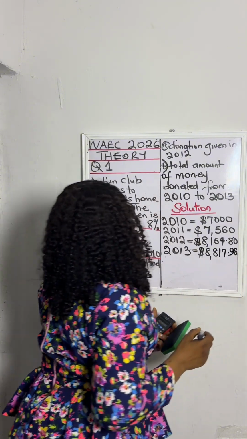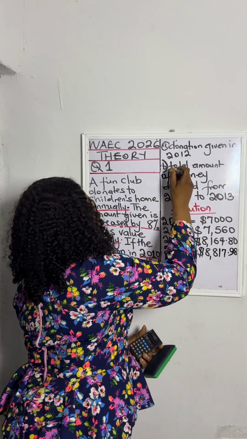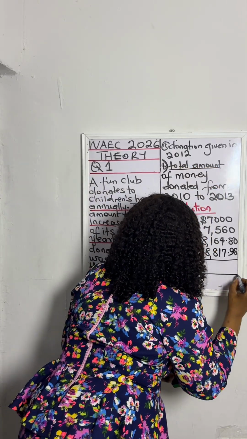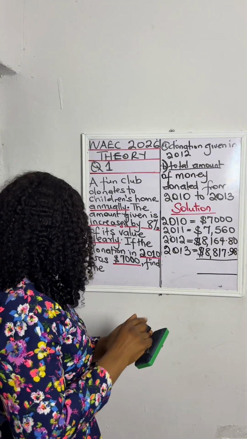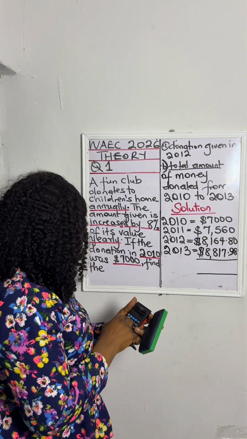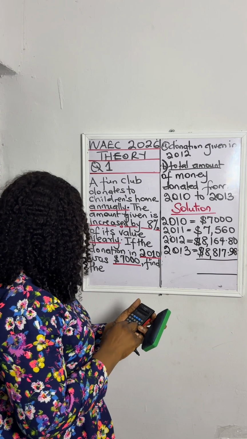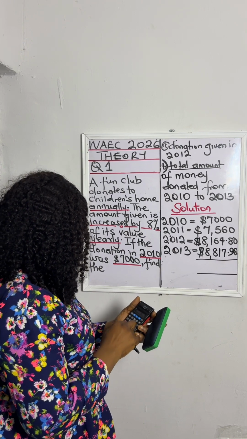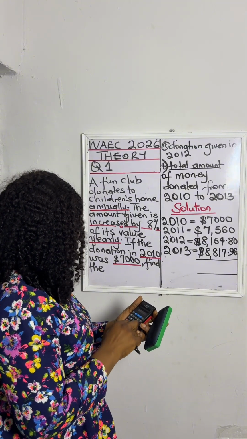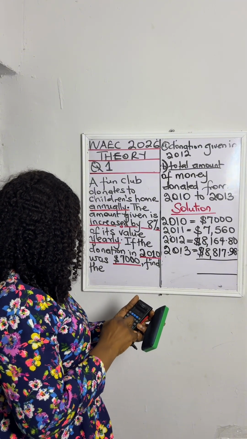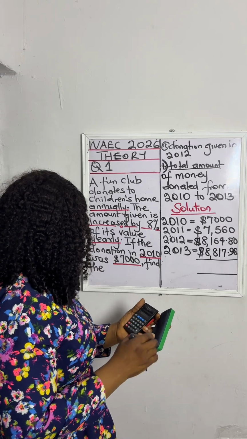8817.98. Total means we'll be adding up all the values we have obtained here. So let's add up everything to see what our total amount will be. We are starting with 7,000 plus 7560 plus 8164.80 plus 8817.98. So what do we have?